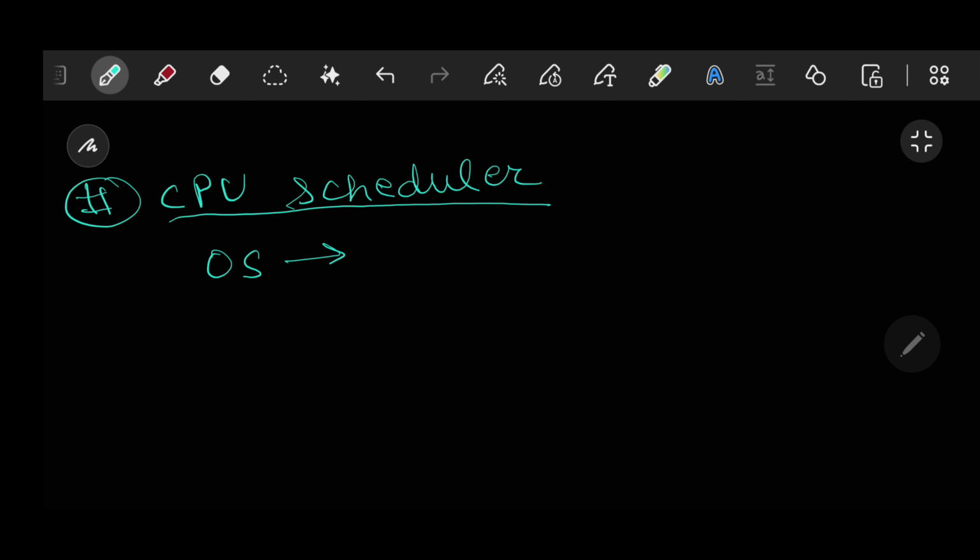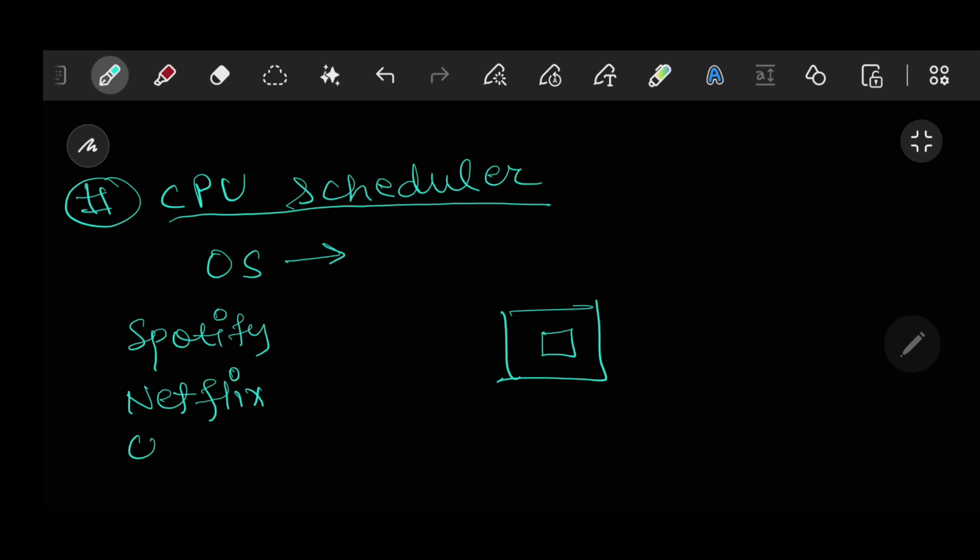For example, if we bought a computer, we have a CPU in it, and then we install programs in it. For example, Spotify, Netflix, and let's say Chrome. And now we are running them on our computer.